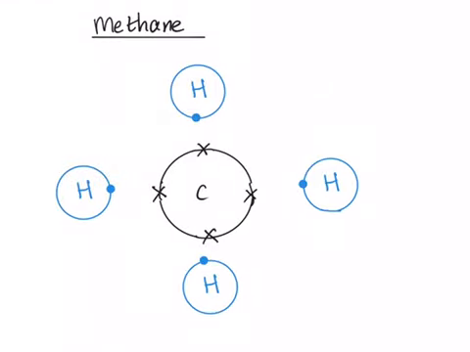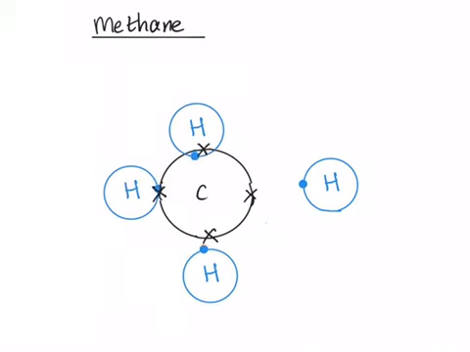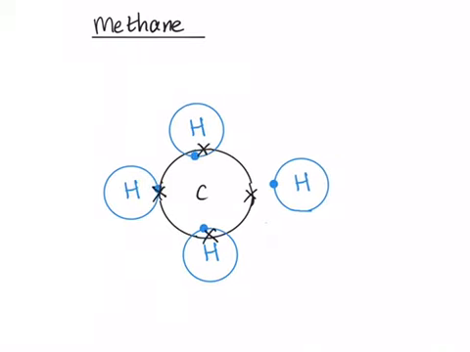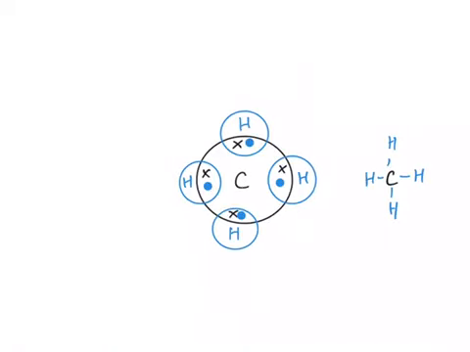So if we take methane, it's made of C and 4 H's. Carbon's got 4 electrons in its outer shell, hydrogen has got 1. You can imagine that it comes in like this, and putting the last one in and then tidying it up, we get a molecule that looks like this.